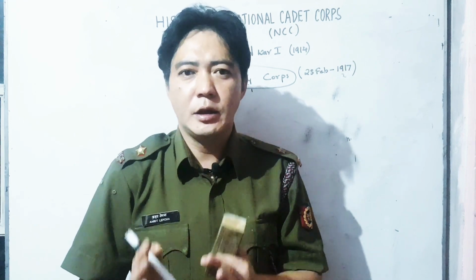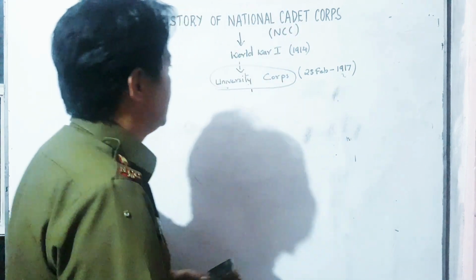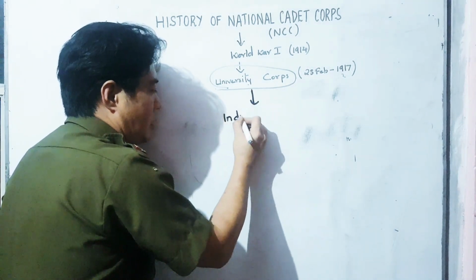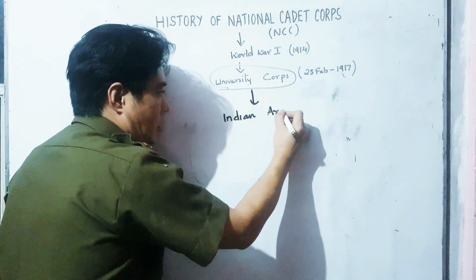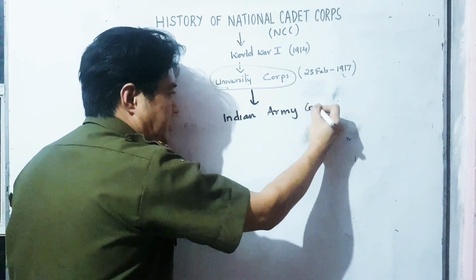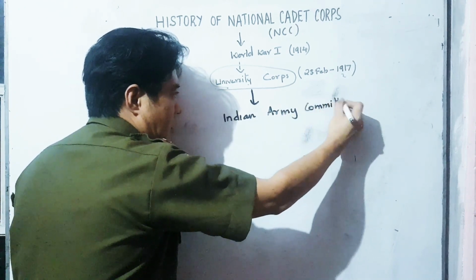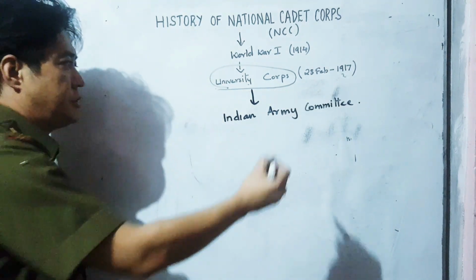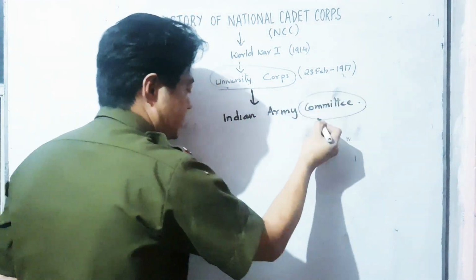World War was over in 1918. The British government formed the Indian Army Committee in India. This committee introduced two bills.